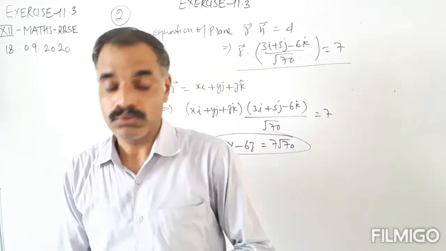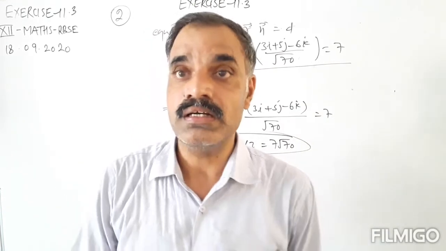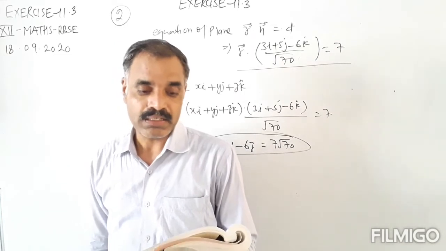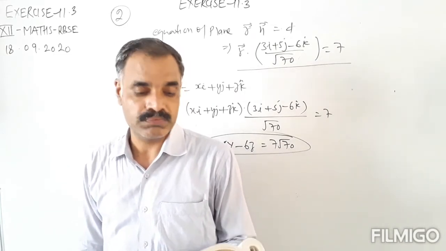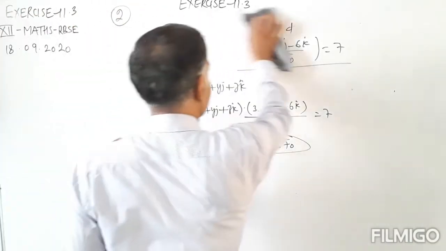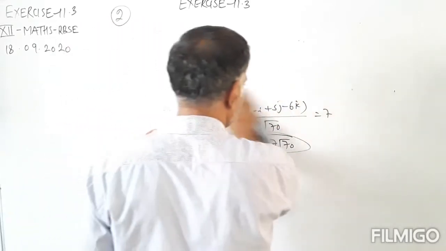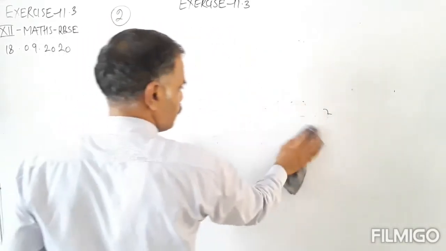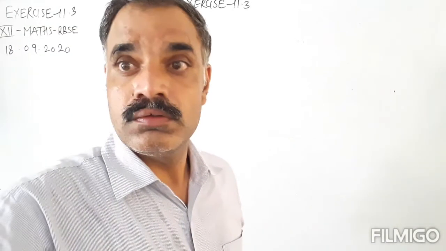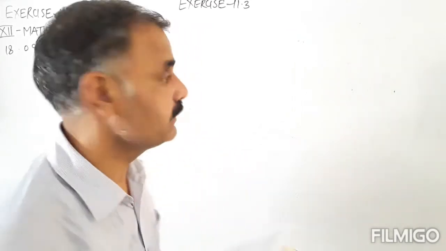Okay, so question number third. Now we will have the solution of question number third. Find the Cartesian equation of the plane. The vector equation of the plane is given and we have to change it in Cartesian form.